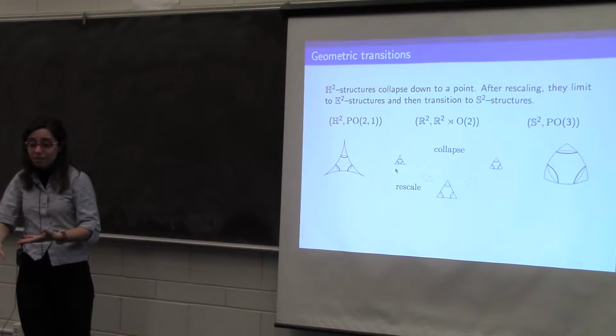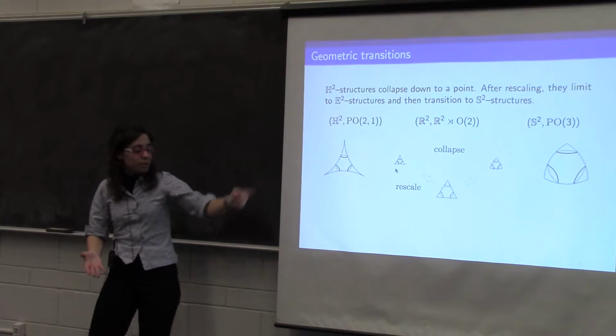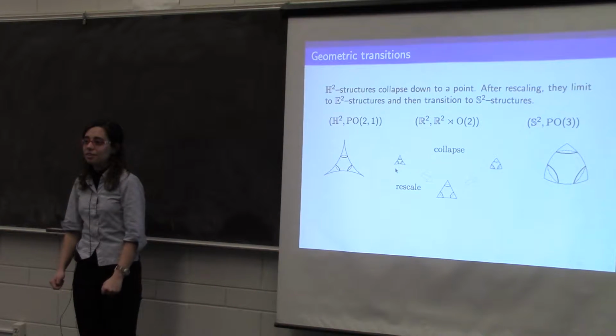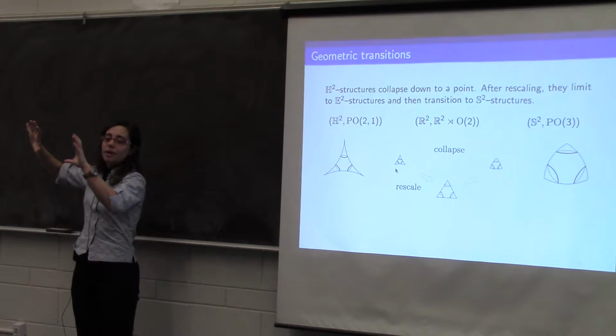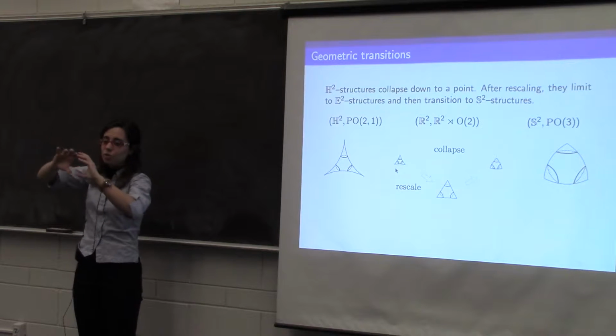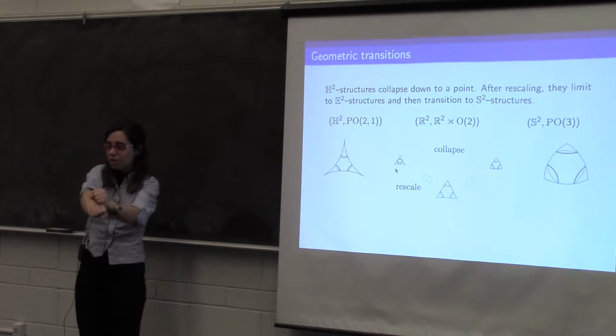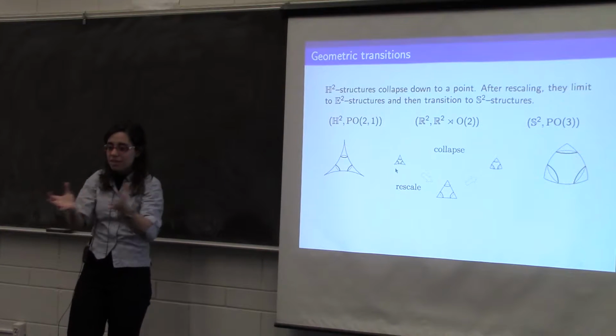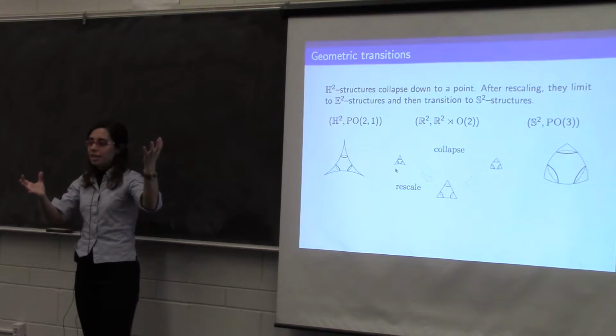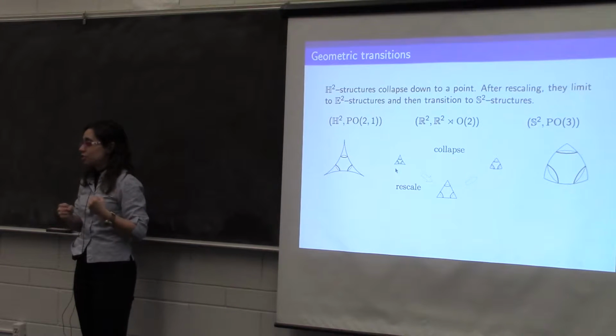And when you do that, what happens is that you see a Euclidean triangle. And the same is true if you start with a spherical triangle and you decrease the angle until it collapses. That's what I mean when I say that Euclidean is a limit of hyperbolic and spherical geometry.